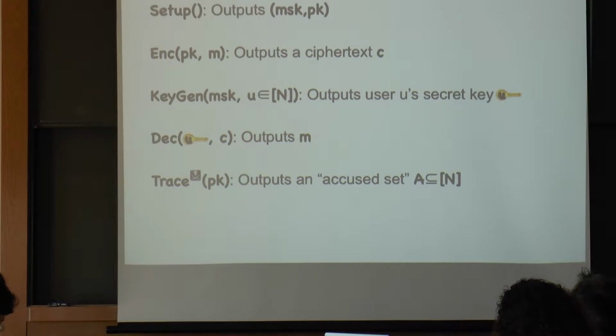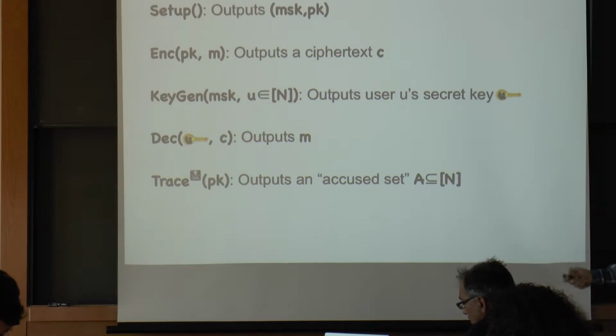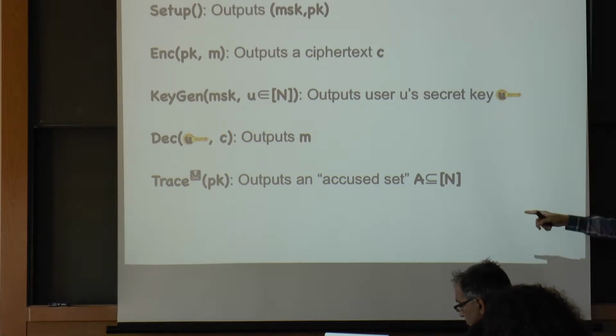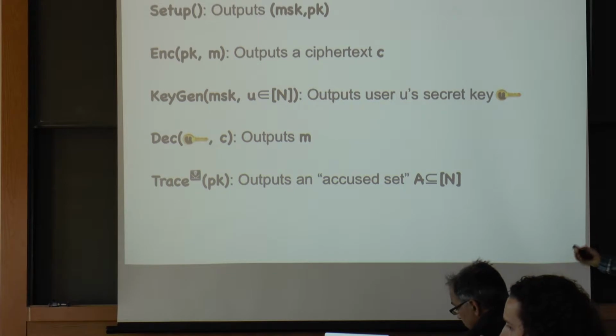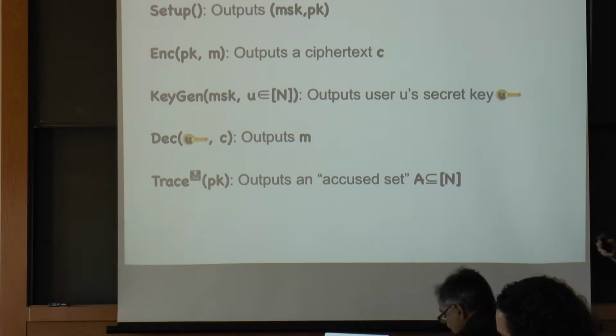And then finally, we have a tracing algorithm, which takes in a pirate decoder as just an oracle, as well as the public key, and it outputs some accused set of users. So given the pirate decoder, it's going to try to figure out the identities of the users who actually constructed the pirate decoder.